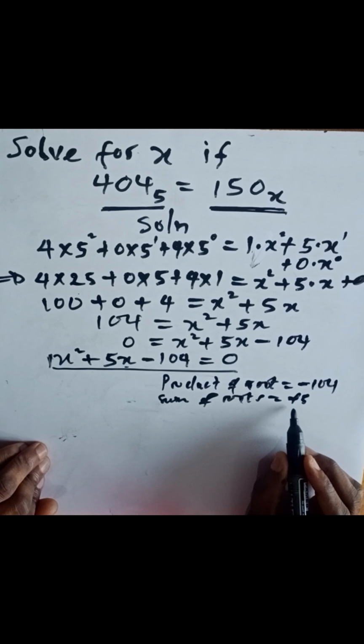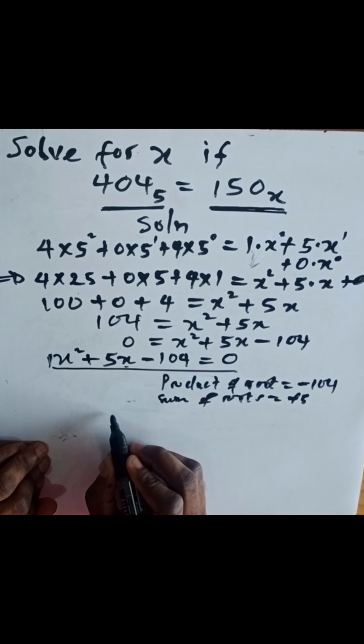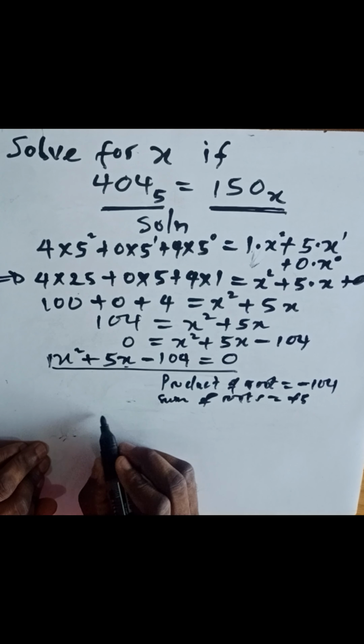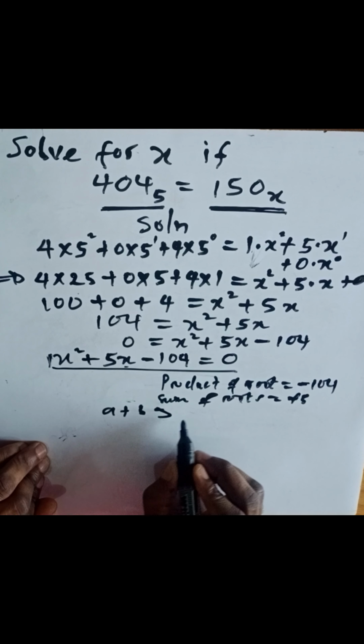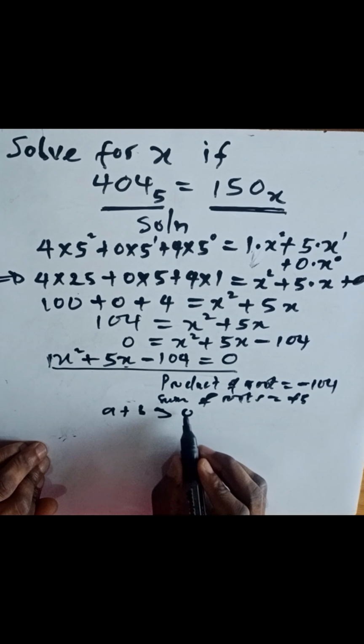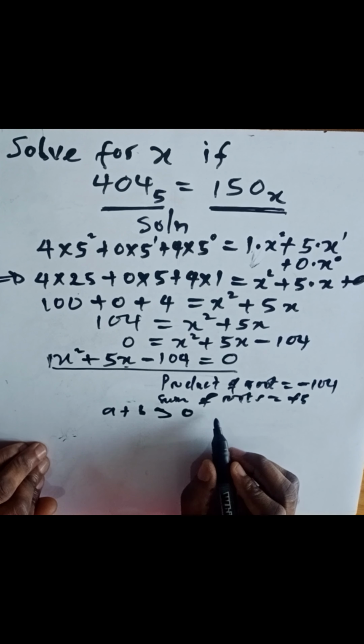And again, the sum is plus 5, which means to have a positive addition, like you say a plus b is greater than 0. Yes, if a plus b is greater than 0, that means positive.